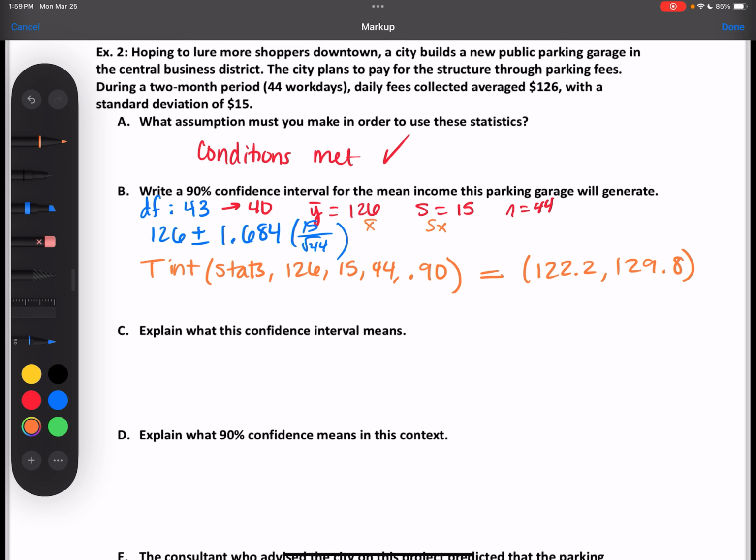All right, so then explain what this confidence interval means.